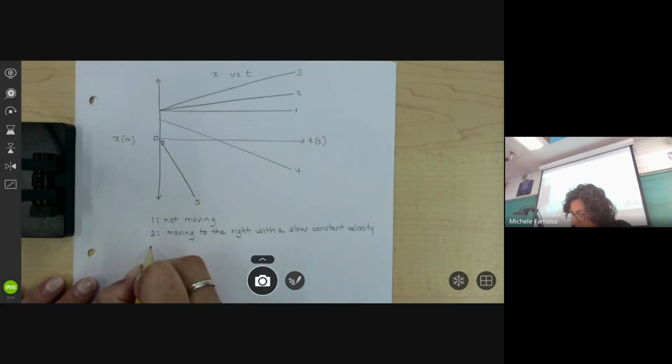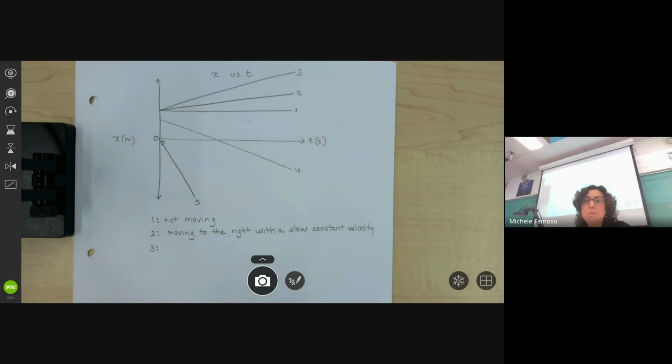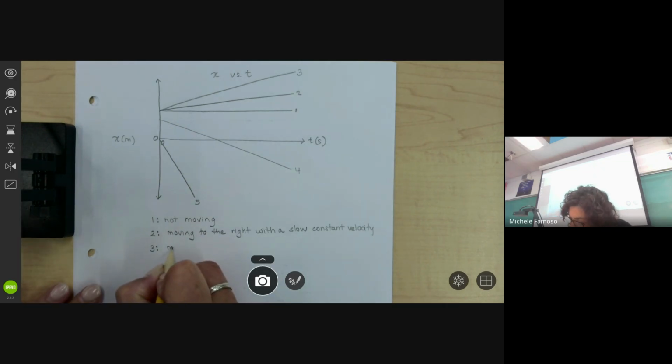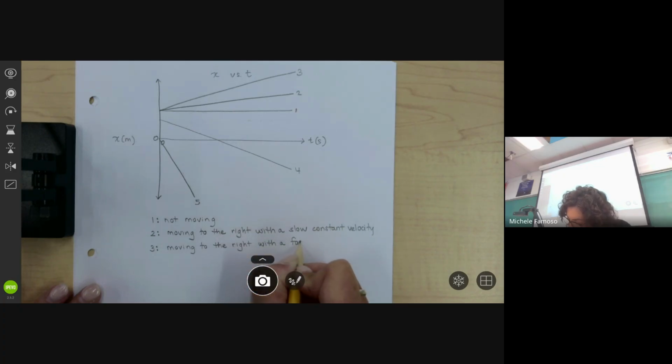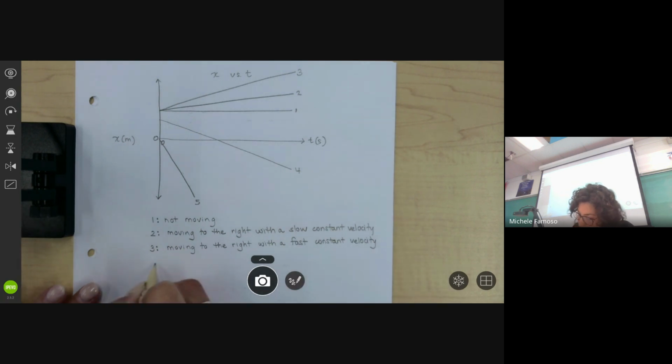How about line 3? In comparison to 2, how is 3 moving? Bryce? That's right. So this one is also moving to the right because it still has a positive slope, with a fast, constant velocity. All right, how about 4?